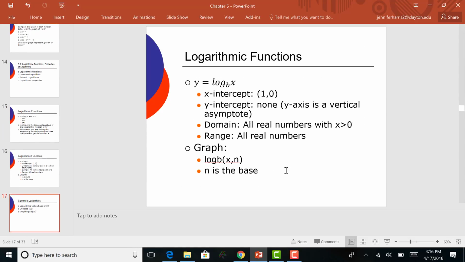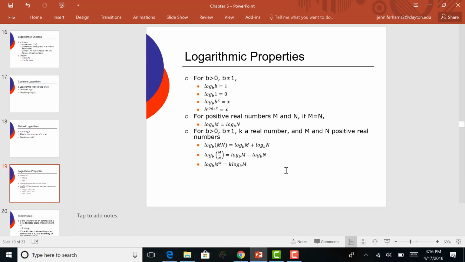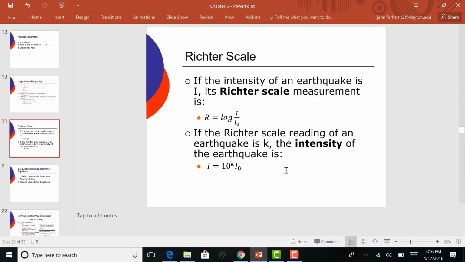Alrighty, so let me get to where you were asking, when will we ever need to use this? That's a slide forward. You won't use it unless you want to be, what's the earthquake chaser? A seismologist. When they're determining the intensity of an earthquake, they're using logs.